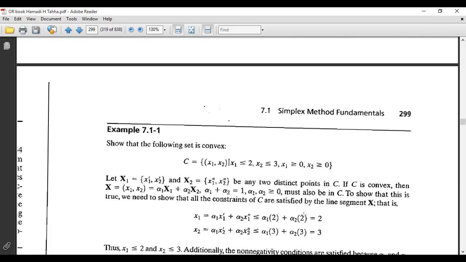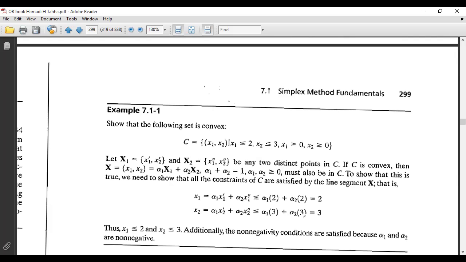So relating to the first example, show that the following set is convex. So C is (x1, x2), where x1 is less than or equal to 2, and x2 is less than or equal to 3, and x1 is greater than or equal to 0, and x2 is greater than or equal to 0.